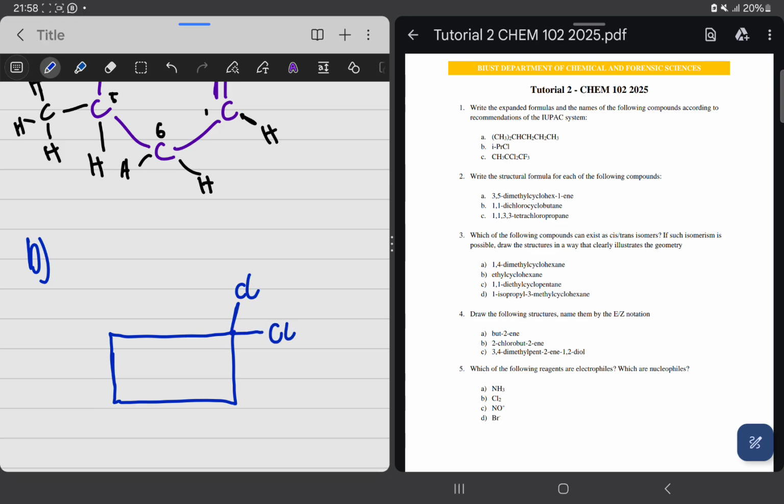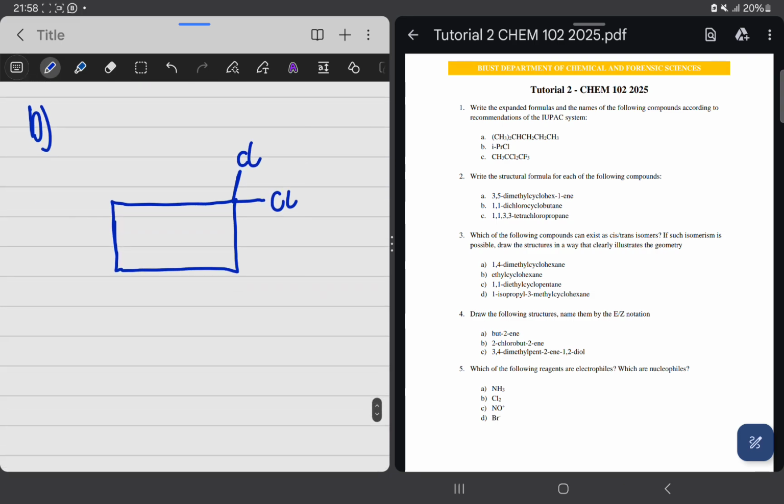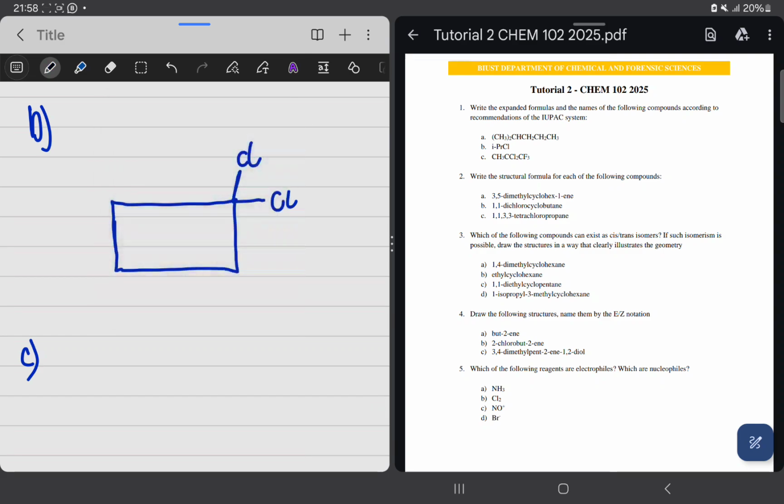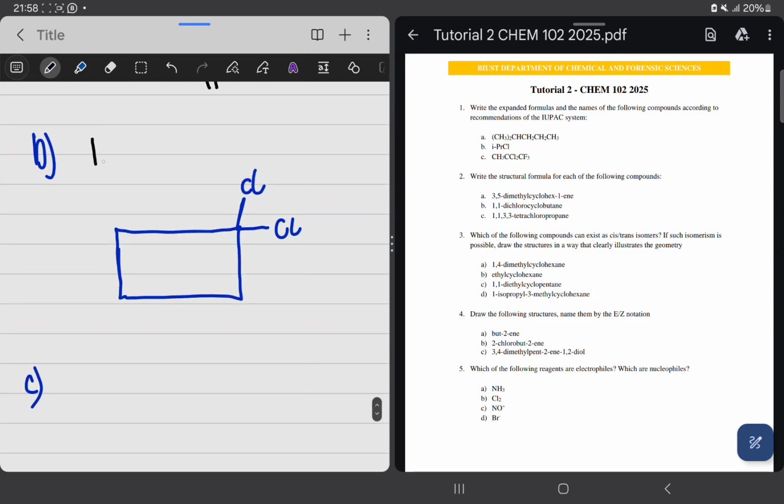And it's 1,1-dichloro, which means it's 2 chlorines. Okay? And here we have our cyclobutane. This is 1,1-dichlorocyclobutane. Okay? How easy is this?